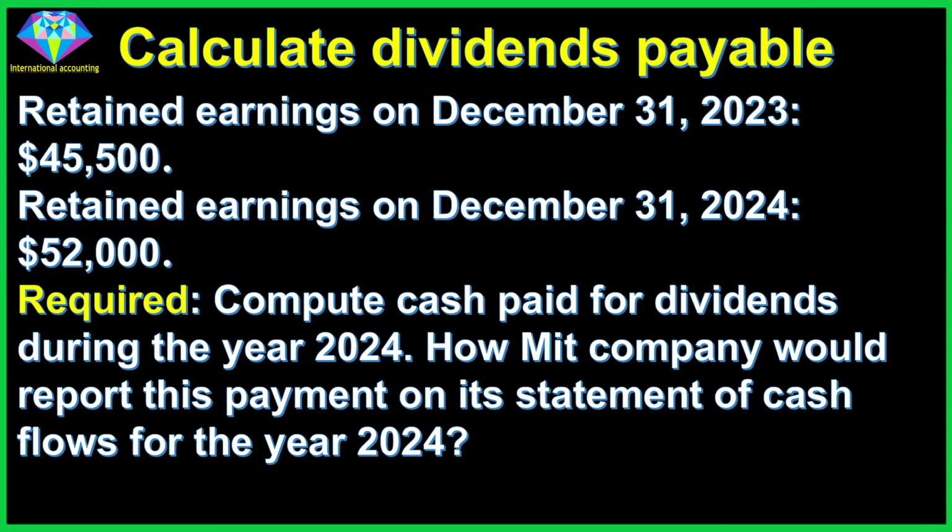Retained earnings on December 31, 2023, $45,500. Retained earnings on December 31, 2024, $52,000. Required. Compute cash paid for dividends during the year 2024. How would MIT Company report this payment on its statement of cash flows for 2024?